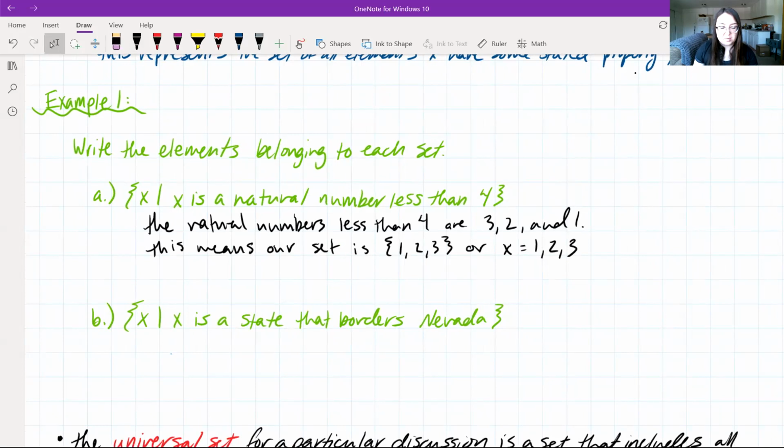And for B, we have that X, where X is a state that borders Nevada. So you can also have descriptive elements, not always numbers. In this case, if X is a state that borders Nevada, we want to think of all the states that border Nevada.